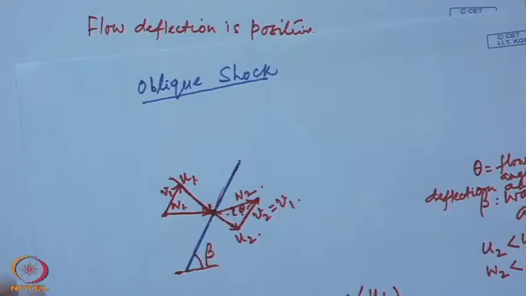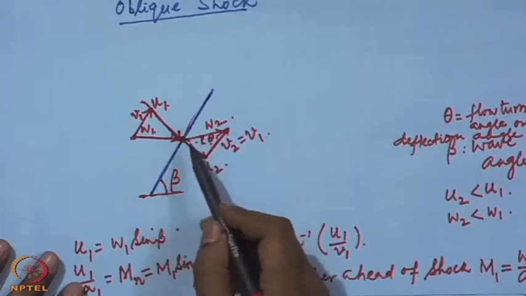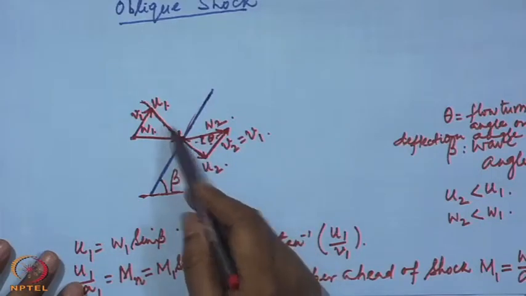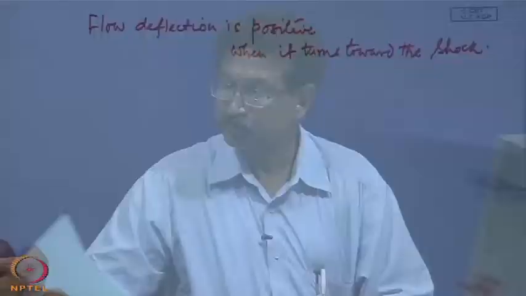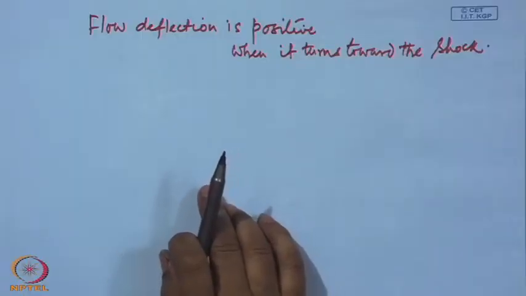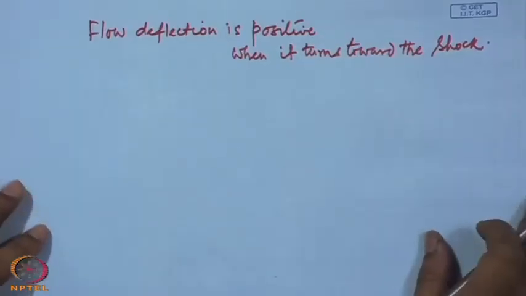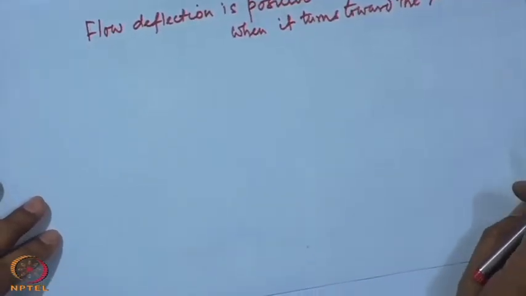However, it must be remembered that the flow component that will come into picture is simply u1, or the corresponding Mach number that will come in the relation is Mn, that is M1 sin beta, and hence we can get all the oblique shock relations just by simply changing M1 to Mn or M1 sin beta.